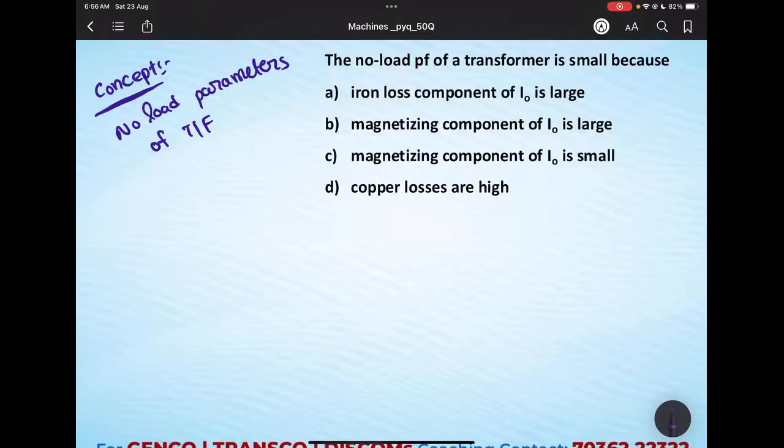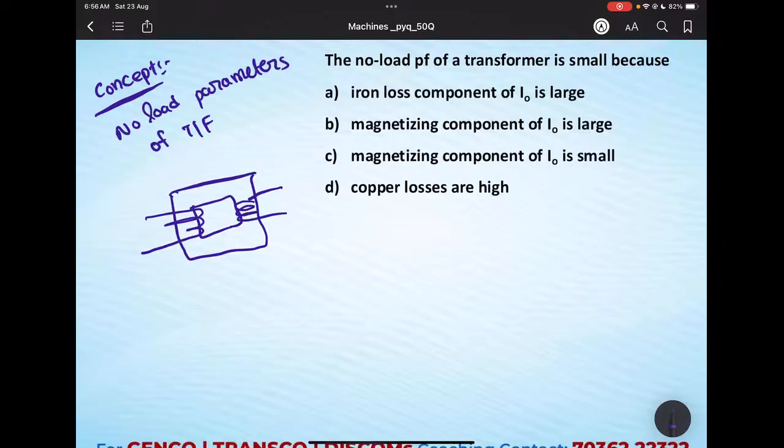Whenever you get a question about no load parameters, we need to remember the phasor diagram of a transformer, the no load condition phasor diagram. Most of the questions will be repeated from the phasor diagram only.